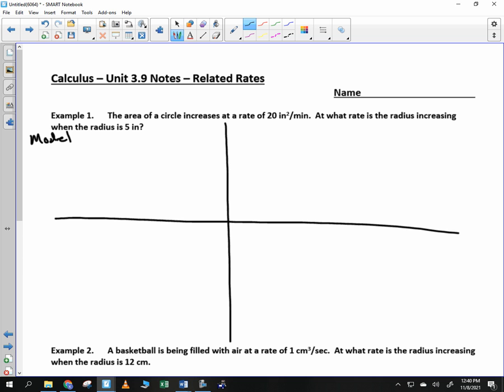And then in this box over here, there's always some type of relationship that I express. By the way, this is for basically every word problem I do. It doesn't matter if it's related rates or whatnot. There's usually always some type of equation here that I deal with. And then the last one is where I actually solve and come up with the solution.